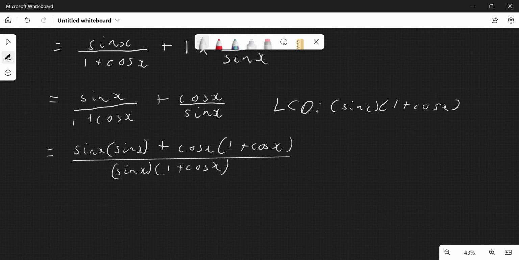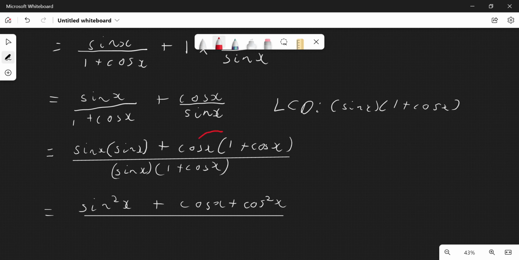Let's multiply these out. We're going to have sine squared x plus cos x plus cos squared x, because I just distributed that cos in.